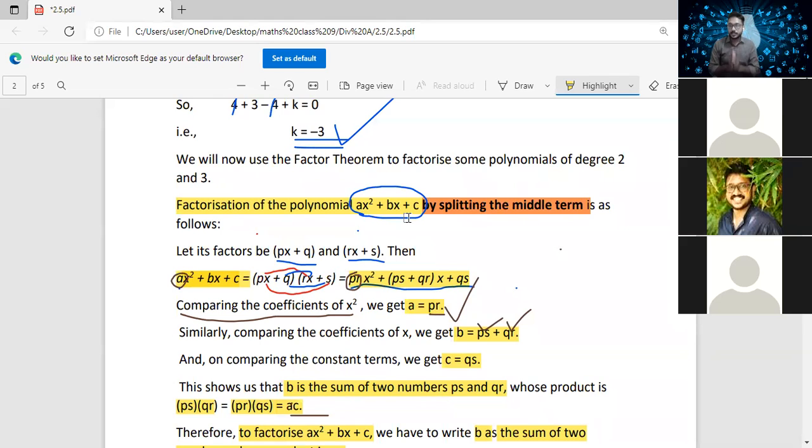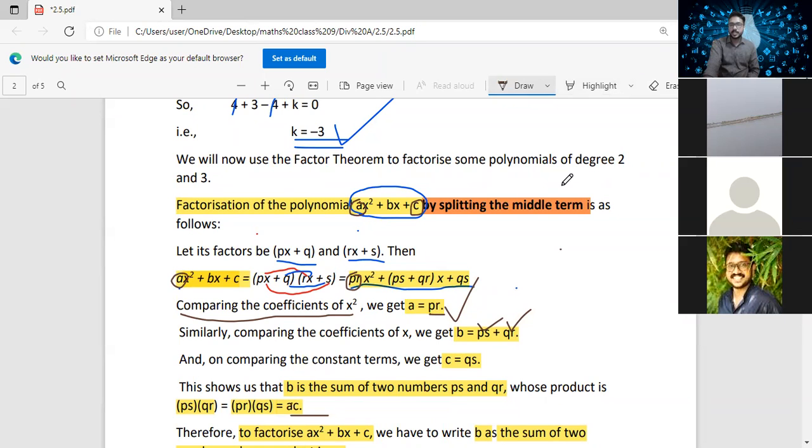In other words, we should find two factors such that the sum should be b, and the product of those two numbers should be A into C. Clear? This is the method of splitting the middle term. Am I clear to you? Yes, sir. Okay, very good.